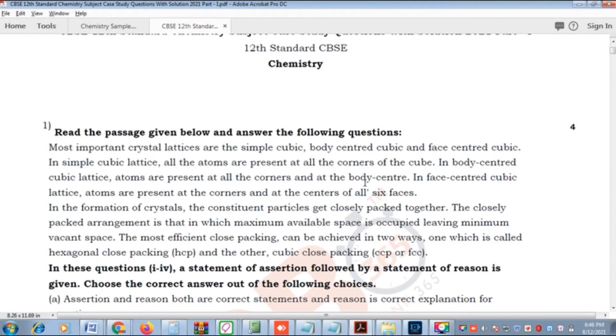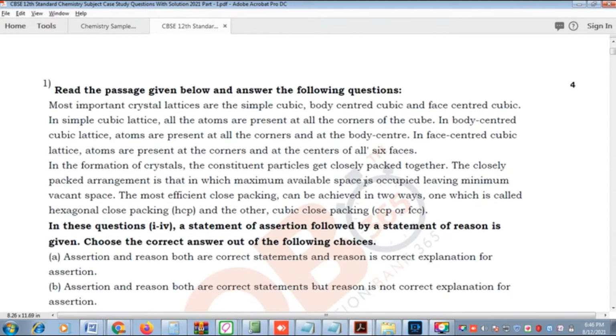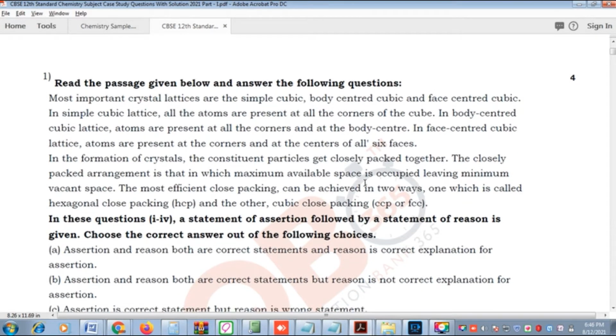First one is, read the passage given below and answer the following questions. First and foremost, before you attend the case study, you have to read the question section well. If they provide a passage or image in the question section, you have to read it well before attending the case study.